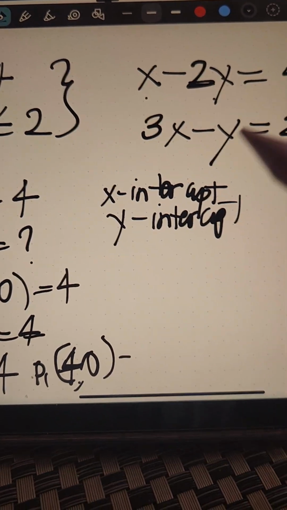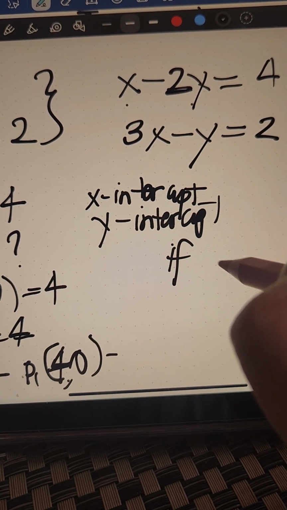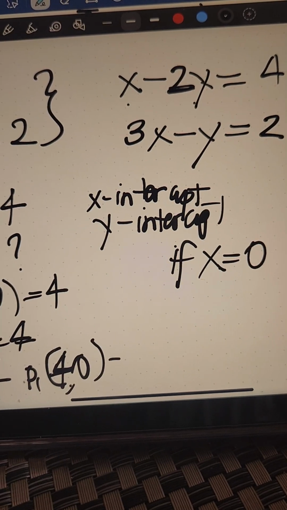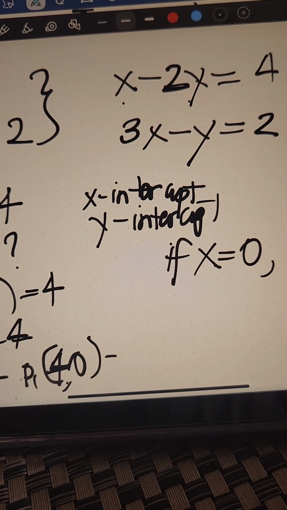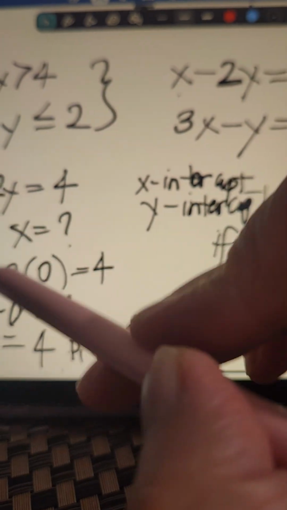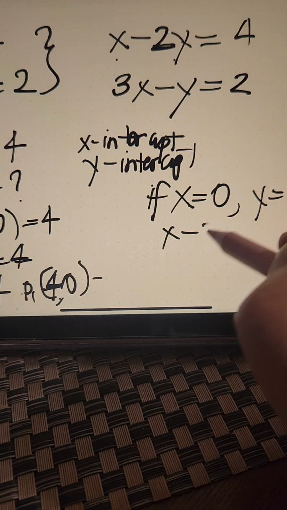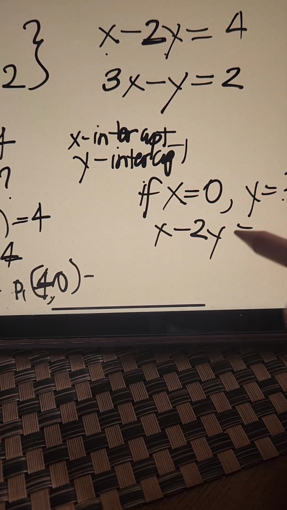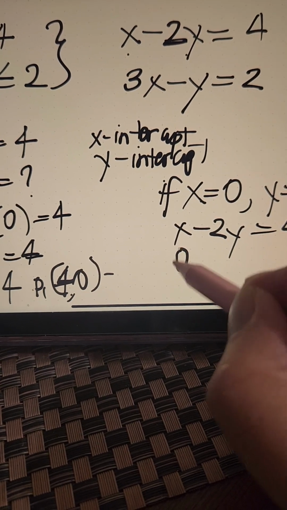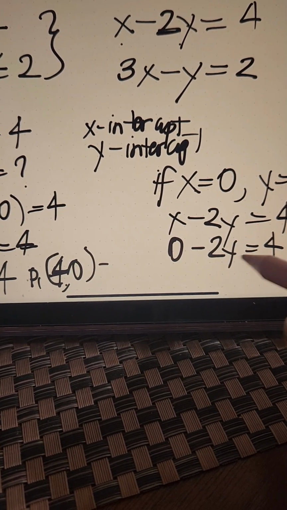Alright, so next we try another number. Okay, so baliktarin naman natin. So if si x naman ang 0, then ano yung magiging value ni y. Okay, so ganun din siya. We use the same equation. Okay, so x minus 2y equals 4. So sabi natin si x daw ay 0, so 0 minus 2y equals 4.